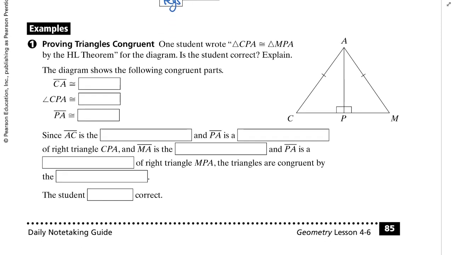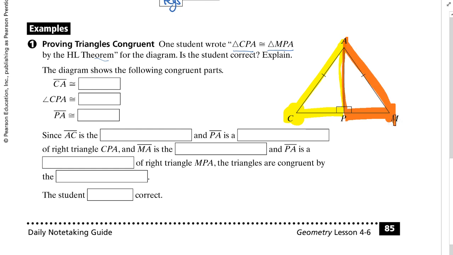One student wrote, triangle CPA is congruent to triangle MPA by the HL theorem. Wait a minute, what was that? Triangle CPA is congruent to triangle MPA by HL. Okay, well, is she correct? Is the student correct? I guess we don't know if it's a guy or girl.